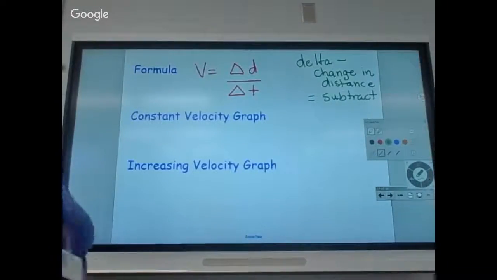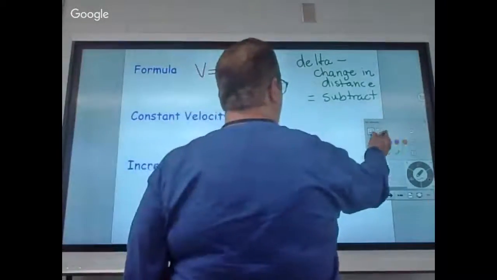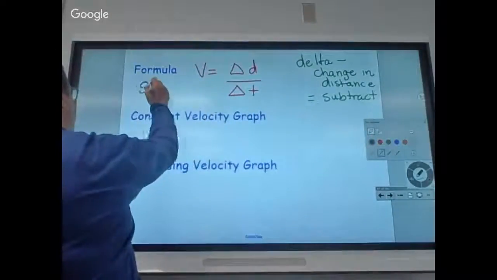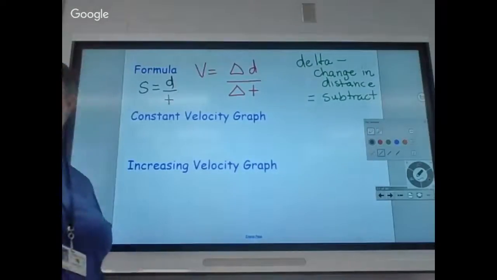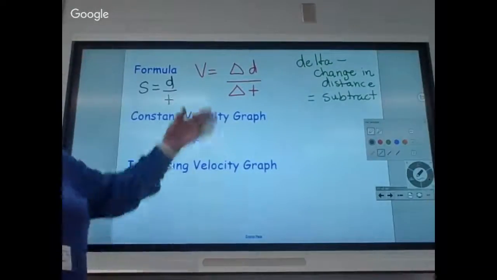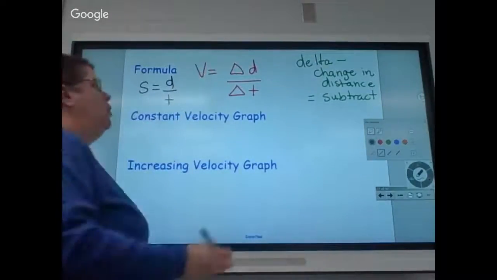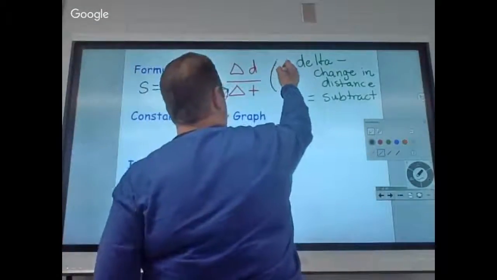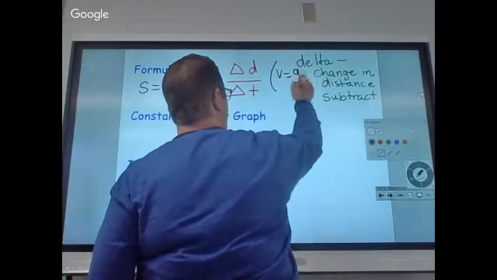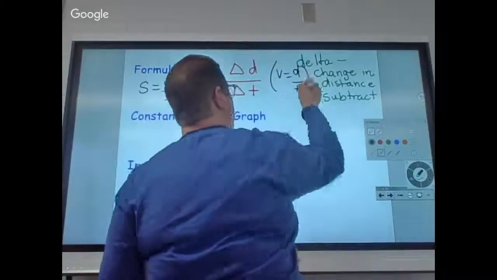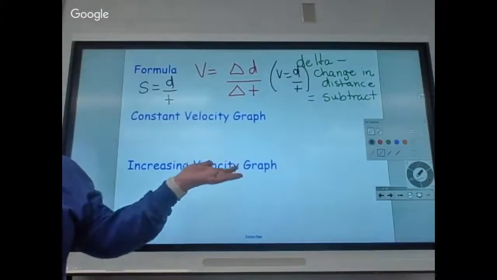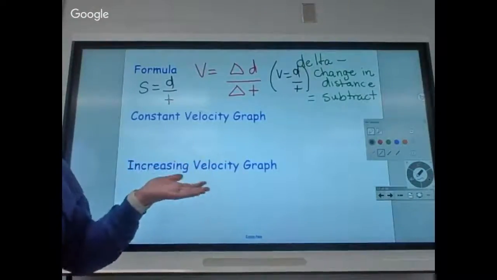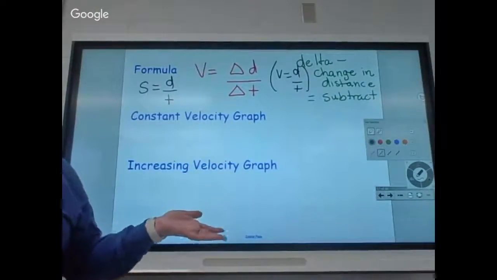No. So when we wrote the speed formula, we wrote S equals D over T. So when you had two distances, you subtracted them. So if we write the velocity formula, we can just write it as V equals D over T, because we know if we have two distances, we're going to subtract them. Okay? So as long as you know that, you don't have to write those triangles constantly.